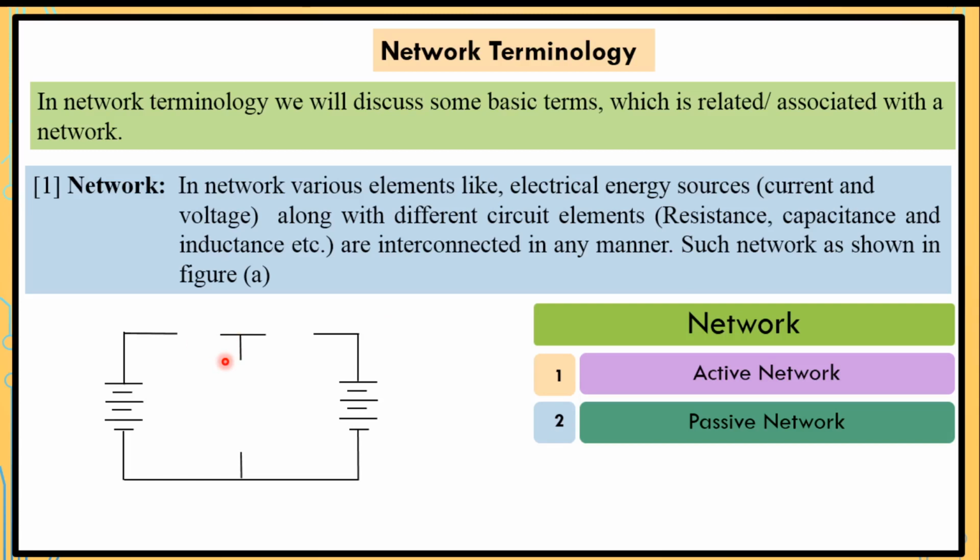In this figure we have connected the battery, one resistance, that is R1, another resistance, that is R2, and an inductance, which is indicated by L. This is the energy source V1, this is energy source V2.